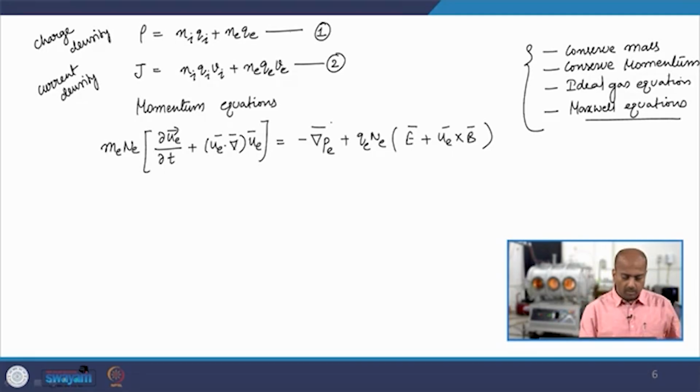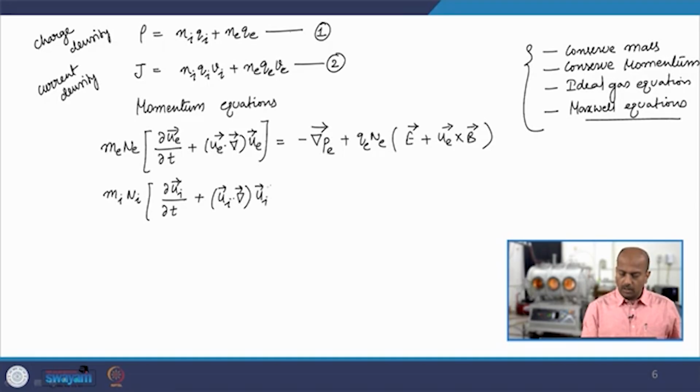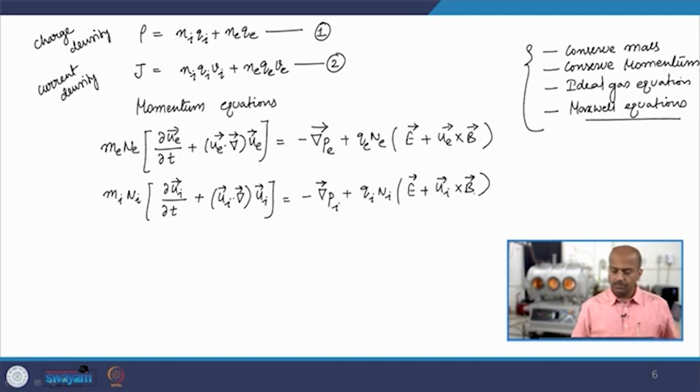Then we have to write a similar equation for an ion. So, we will write Mi Ni dou Ui by dou T plus Ui dot del times Ui, the advection term, is equal to minus del Pi, the pressure force, plus Qi Ni (E plus Ui cross B).